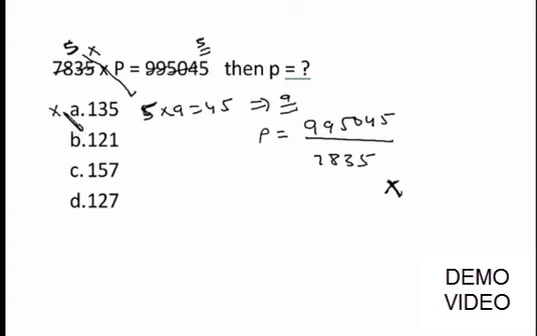So it's eliminated. Moreover, if P is 135, then this is also a multiple of 5 and this is also a multiple of 5, so their product will actually be a multiple of 25. So the last 2 digits should be either 25, 50 or 75, right? So it's not there, so it is not the correct choice in any case, right?